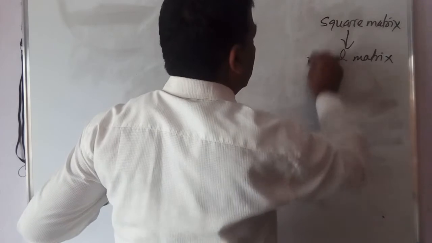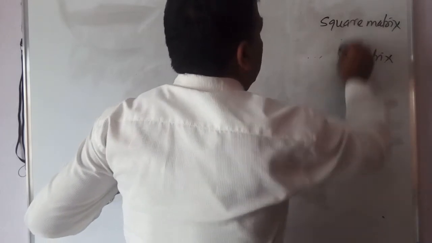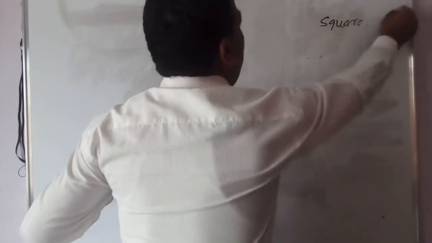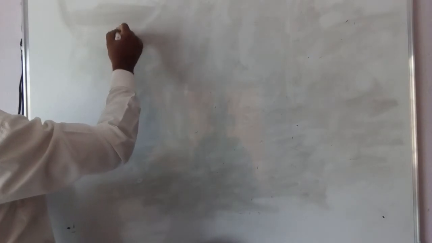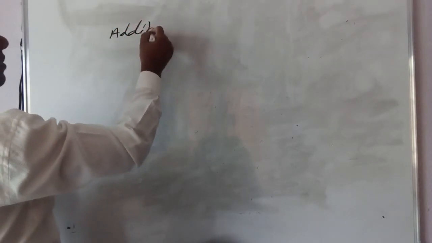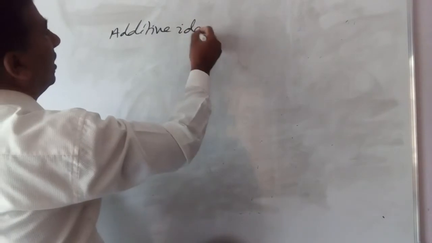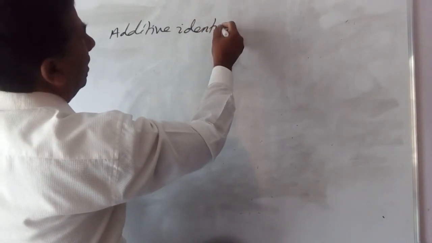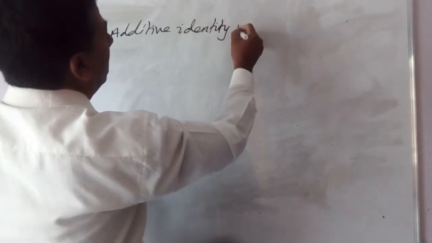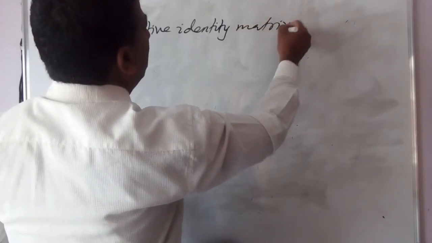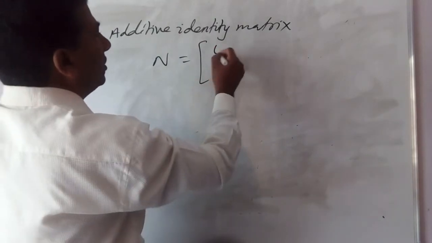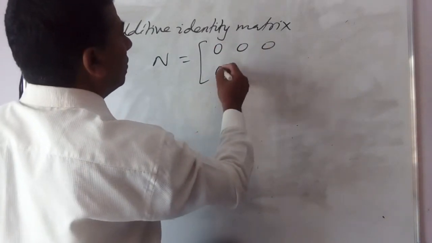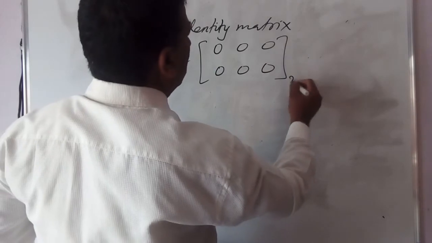Now after this, just one simple introduction of the additive identity matrix. Now we know that the additive identity matrix is the null matrix, of order 2 by 3.